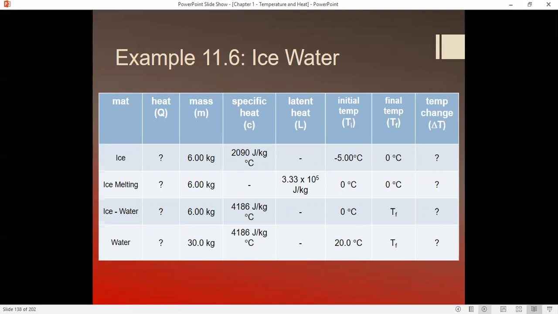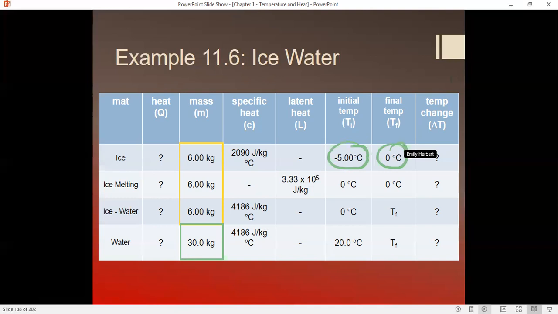So the water from the ice will always be 6 kilograms, 6 kilograms of ice. The water that was already in there is 30 kilograms. So what do I know so far? I know that the initial temperature of the ice is going to be 5 degrees below 0.